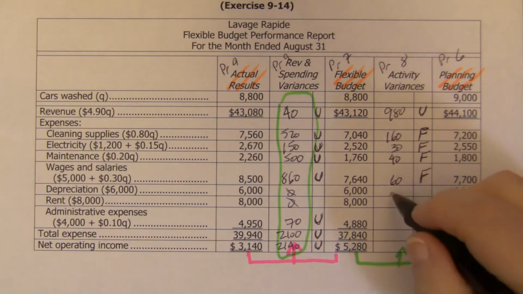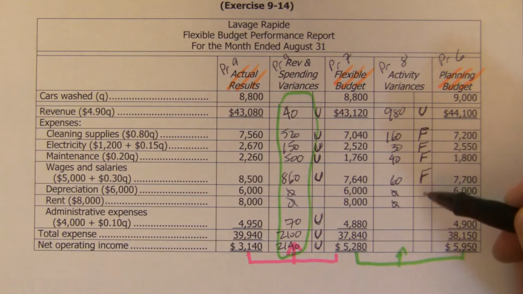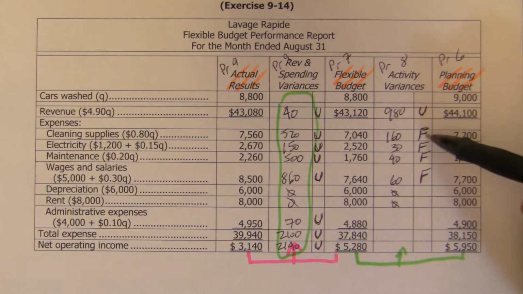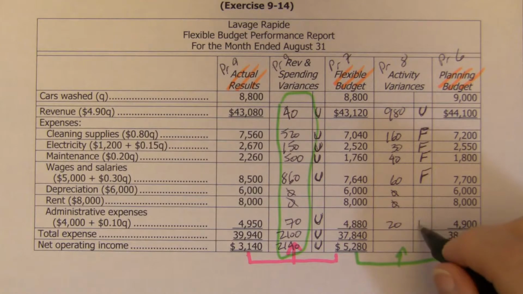And again, you would expect these if your planning shows that you're going to do less and spend more. You got to tell me why. That's an unusual circumstance. Our administrative expenses are $20, and again, that would be favorable.